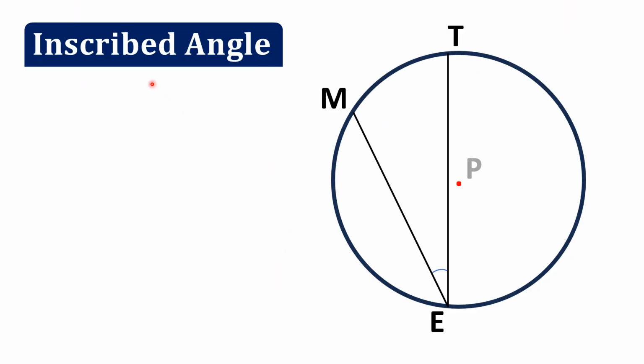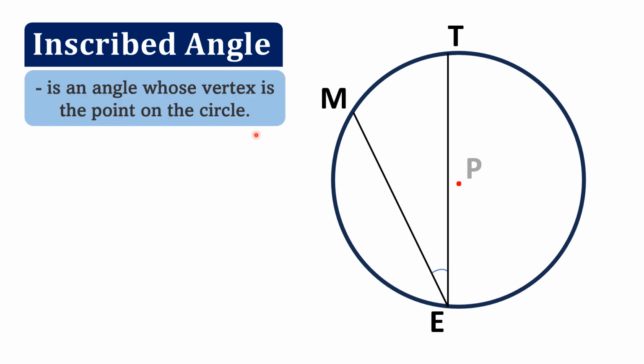Next is the inscribed angle. It is an angle whose vertex is on a point on the circle. In this figure, the vertex of the angle MET is point E, which is on the circle.